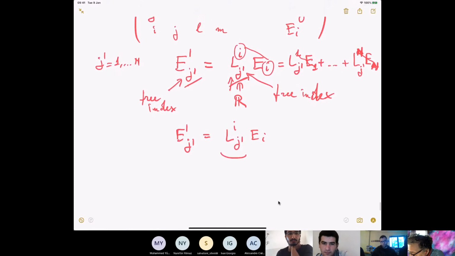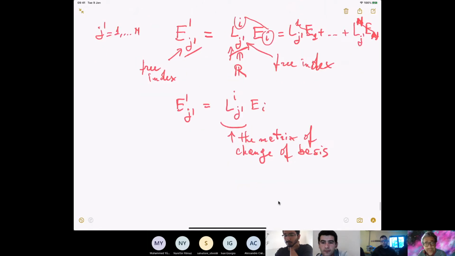This L is called the matrix of change of basis. Okay?